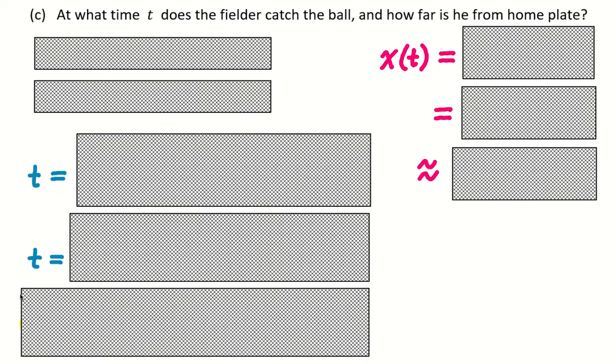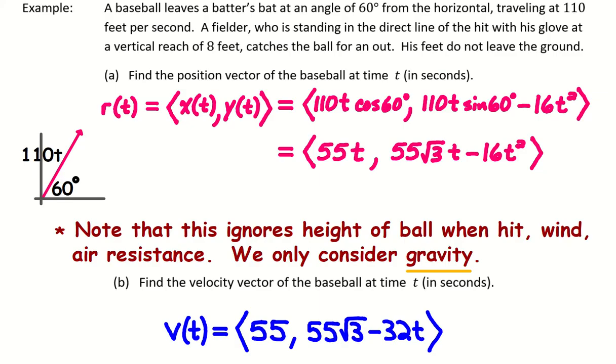Part C. At what time t does the fielder catch the ball, and how far is he from home plate? So how are we going to figure that out? How are we going to figure out when the ball is caught by this outfielder, who has a vertical reach of 8 feet? He's going to catch it when the ball is 8 feet above the ground.